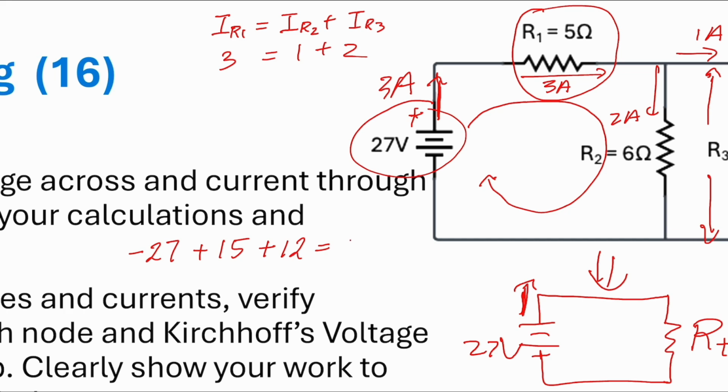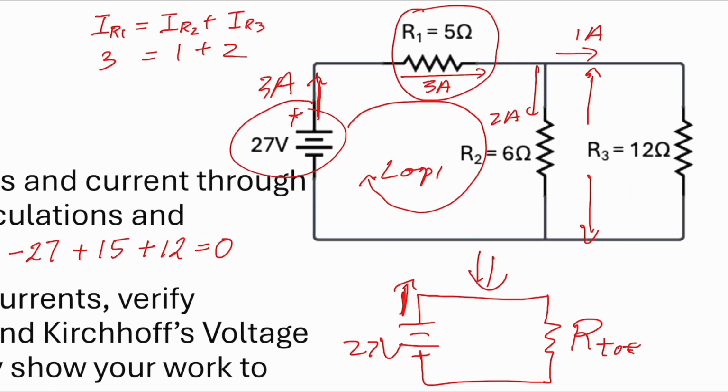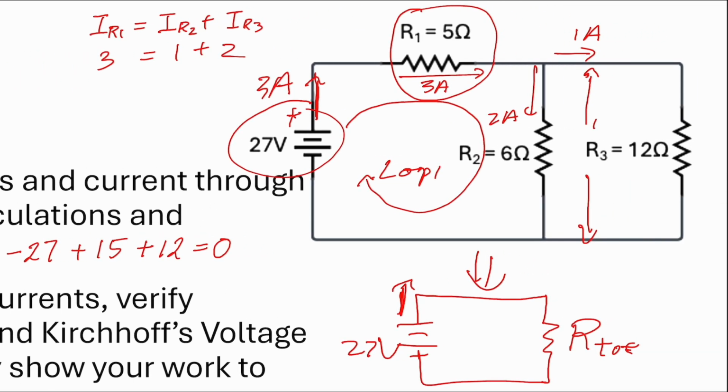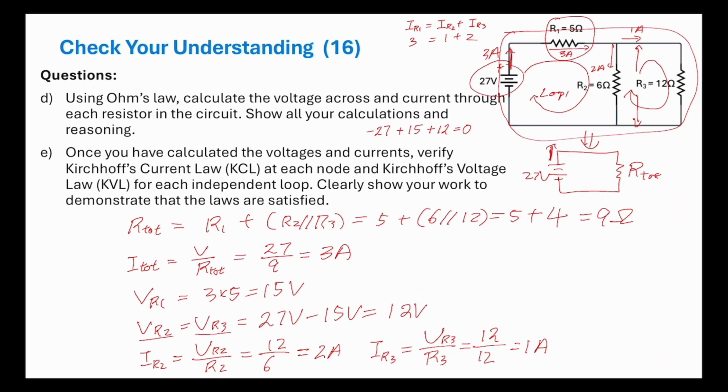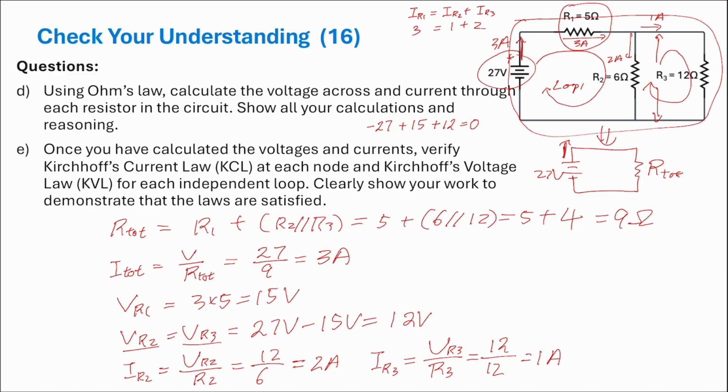So the sum is equal to 0. So this is the KVL for loop 1. Now, of course, the KVL for loop 2 is exactly the same. And the KCL for loop 3 also works for all 3 loops. So these 2 examples demonstrate what KCL and KVL mean.